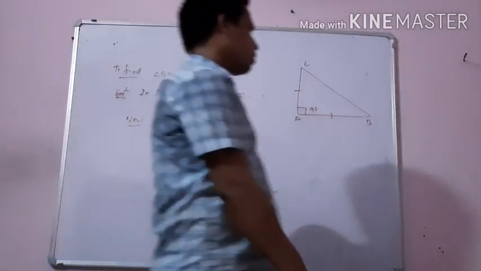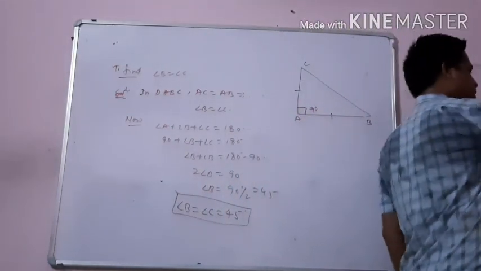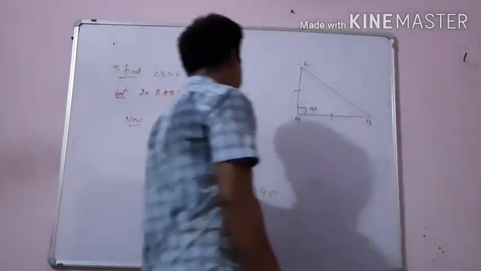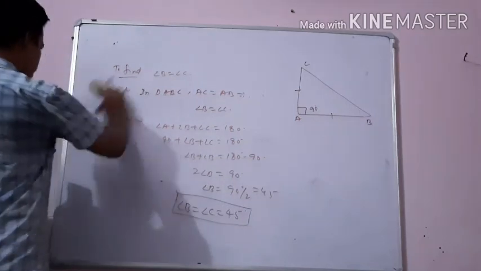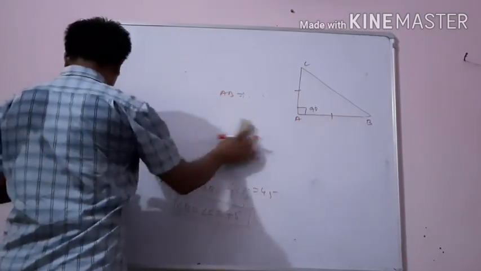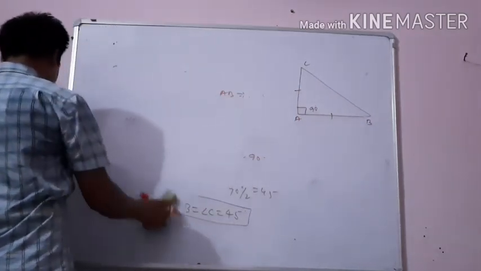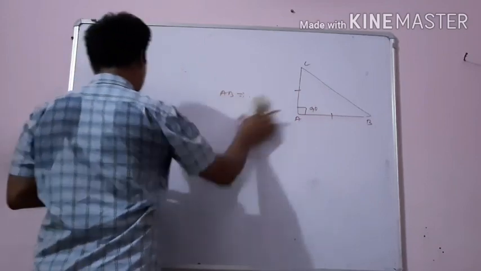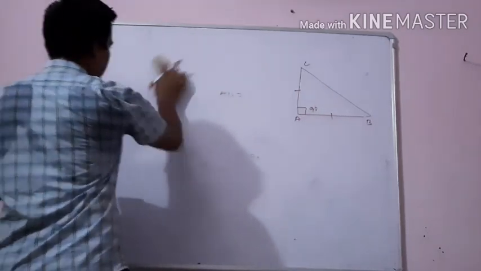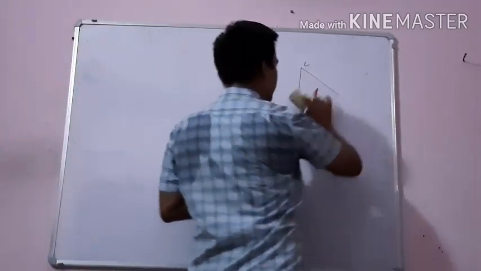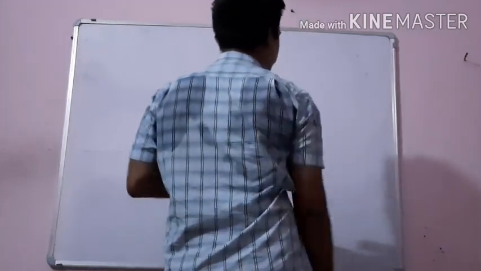Now moving on to the last question. What is the last question? To prove that the angles of an equilateral triangle are 60 degrees. All angles of an equilateral triangle are 60 degrees, that we have to prove.